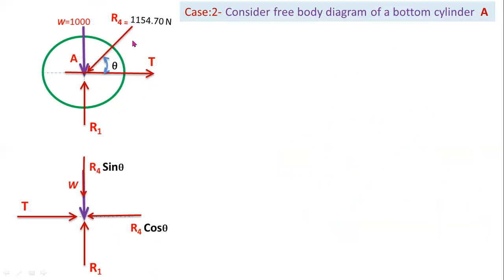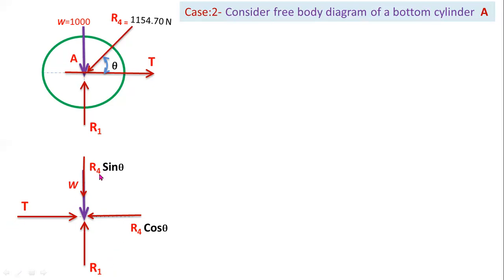R4 cos theta is the horizontal component and R4 sin theta is the vertical component. T is the tension, R1 is the reaction force, 1000 is the self weight. Now here you can observe there are 5 forces. From this case you have to determine the unknown forces R1 and tension T.